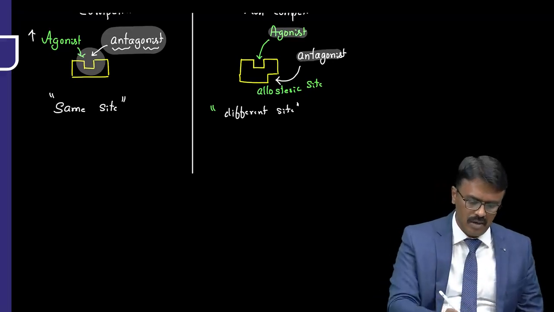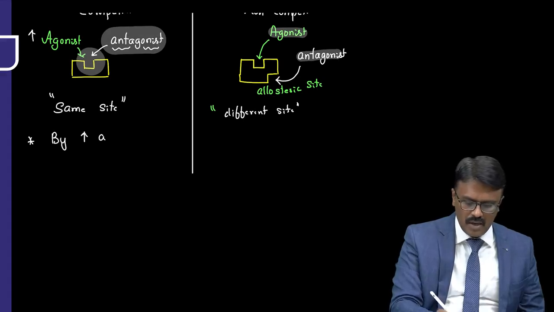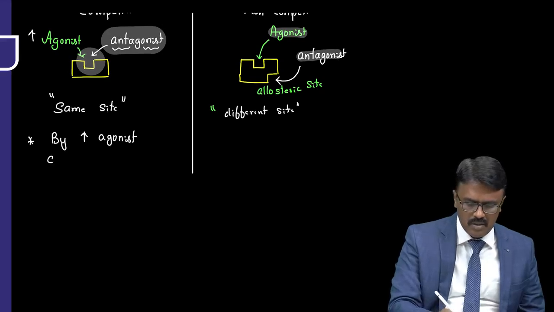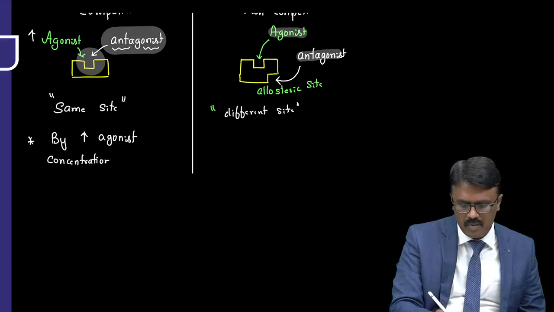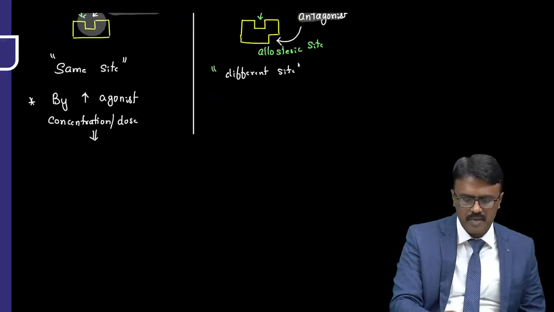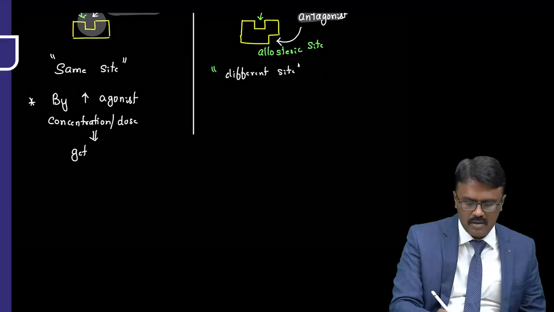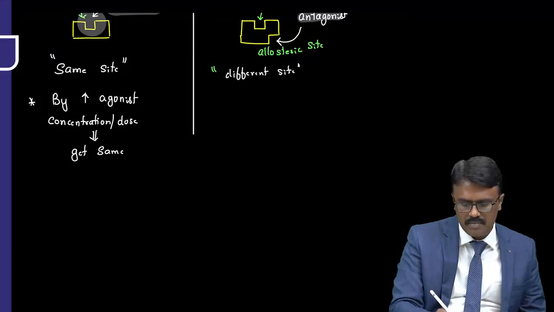So here in competitive antagonism, by increasing the agonist concentration, or what we call the dose, you can get the same response.